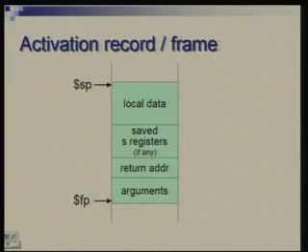Now the question would be why we are having two pointers, SP and FP. One might imagine that suppose you have a pointer either to the bottom or to the top, everything could be referenced in terms of some suitable offset from this point or that point.